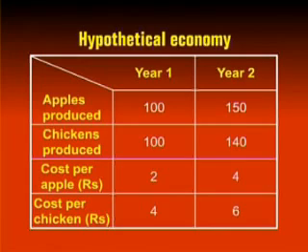This must be way back in the 1960s or 70s, because certainly today apples don't cost rupees 2 and chickens don't cost rupees 4. Anyway, in year 2, apples are produced in a quantity of 150 and chickens in a quantity of 140. And now apple prices have risen to rupees 4 per apple and chicken prices have risen to rupees 6.